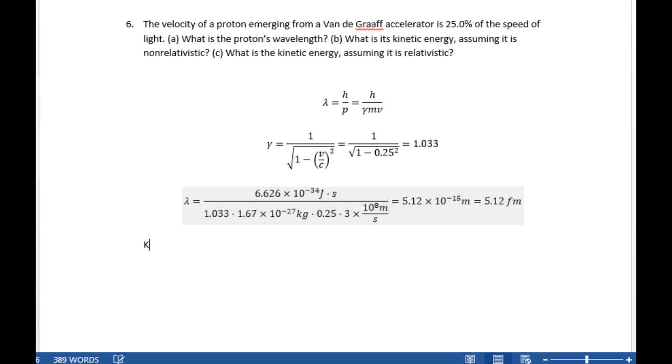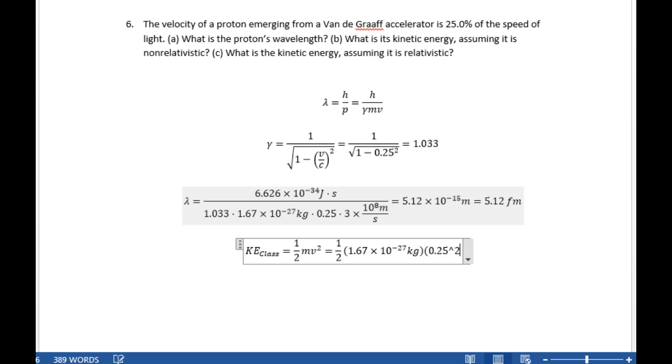So kinetic energy, classical, is 1/2 mv squared, is 1/2 of the 1.67 times 10 to the minus 27 kilograms times 0.25 squared times 3 times 10 to the 8th meters per second, squared.